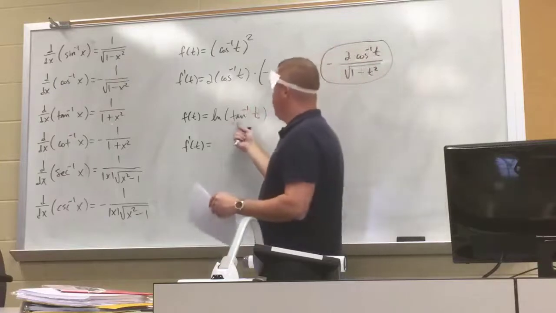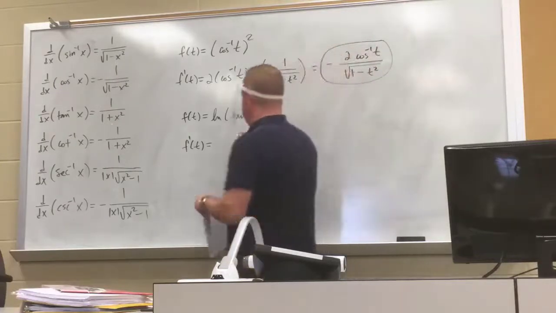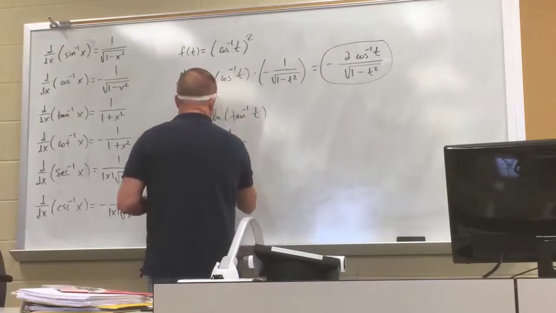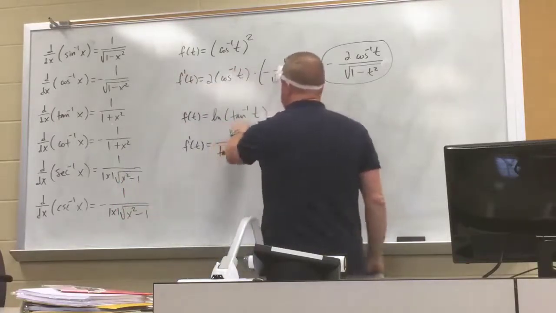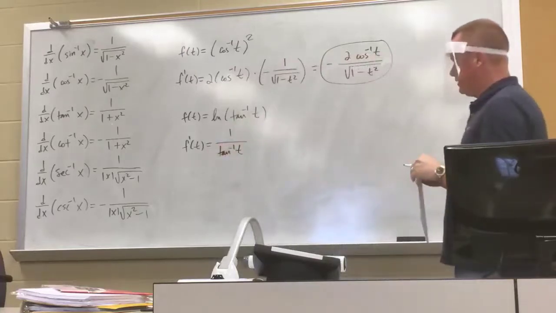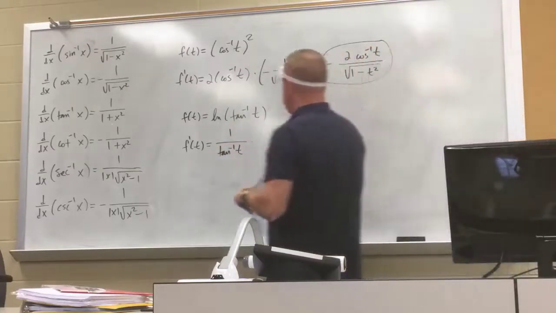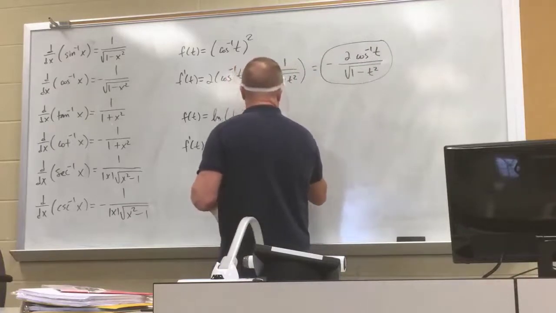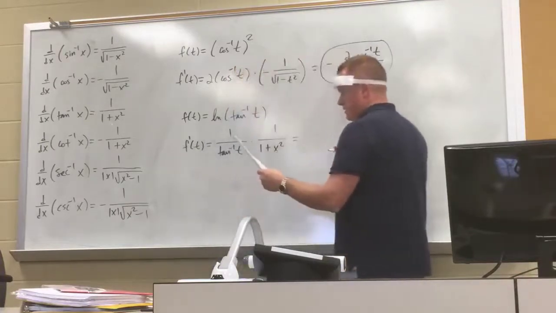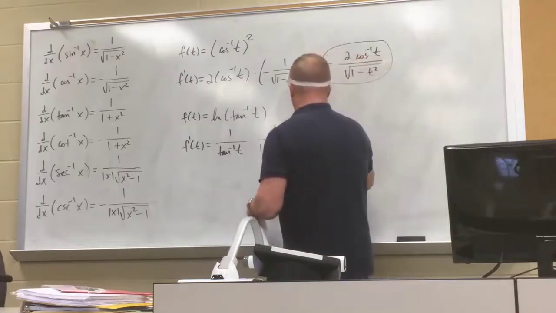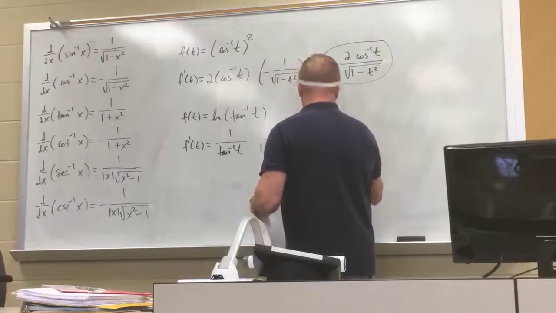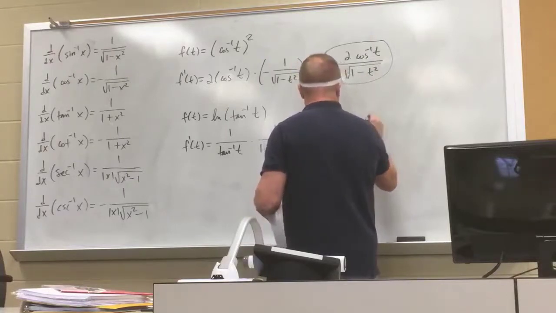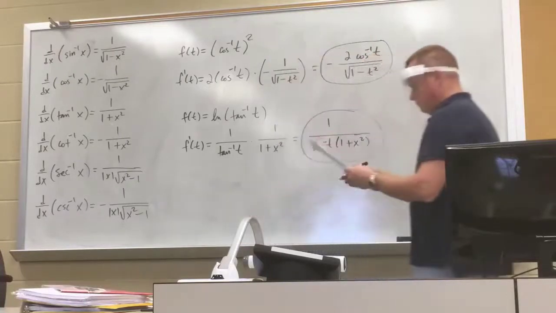So here it'd be 1 over inverse tangent of t, but then I have to multiply times the derivative of the inside, which is the inverse tangent of t. The derivative of inverse tangent of t is 1 over 1 plus t squared. So that will be just 1 over inverse tangent t times 1 plus t squared. Okay.